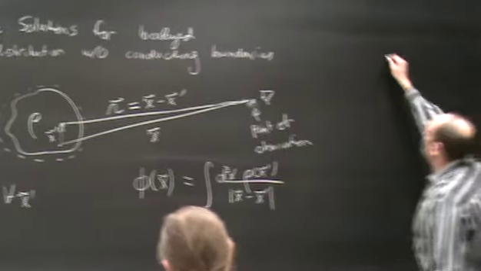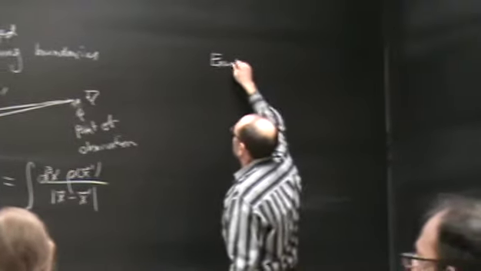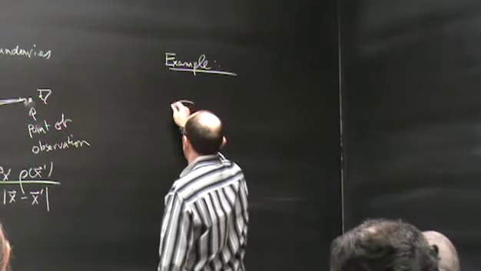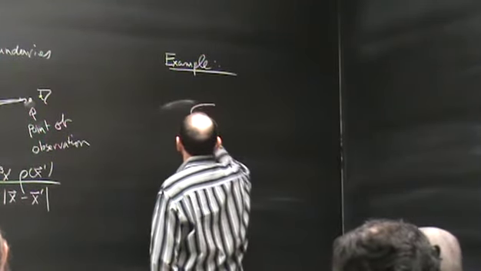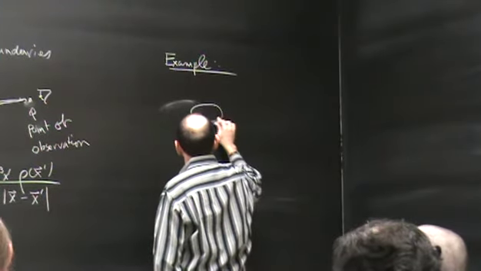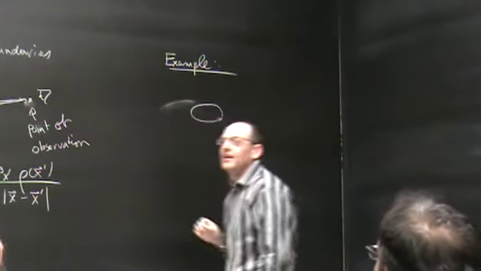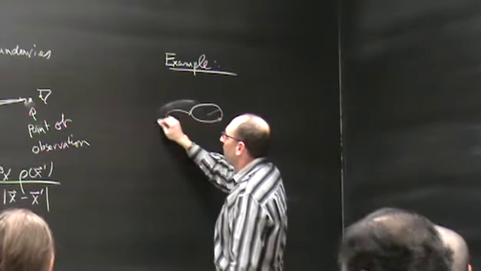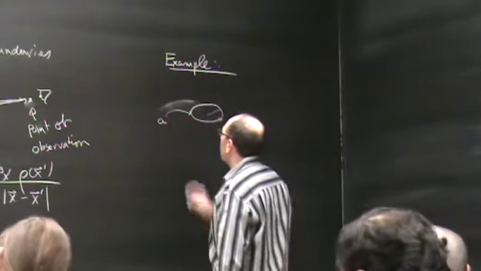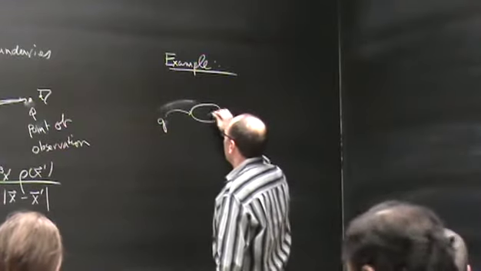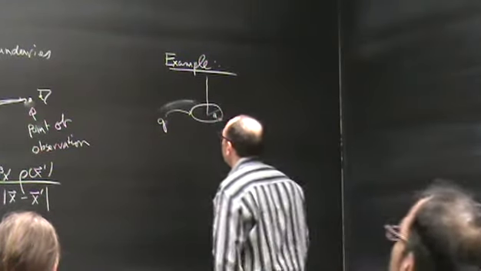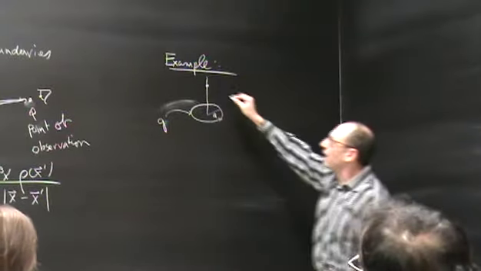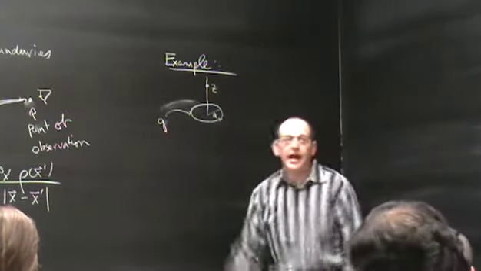So for example, suppose I have a ring of charge, uniformly distributed along that ring of radius a. And I want to find, say, the potential at some distance away. Now let's say I'm on the z-axis. Let's call the z-axis the axis of symmetry.